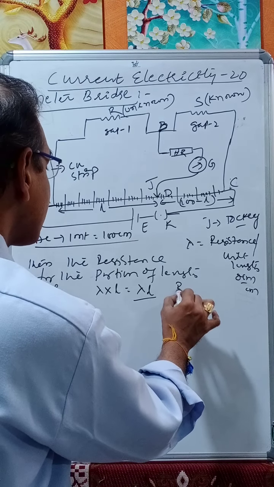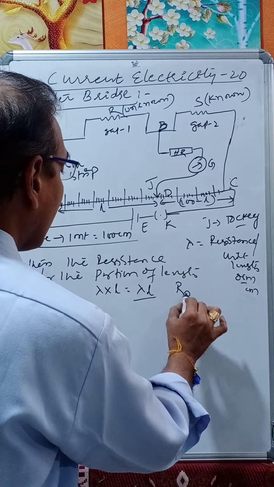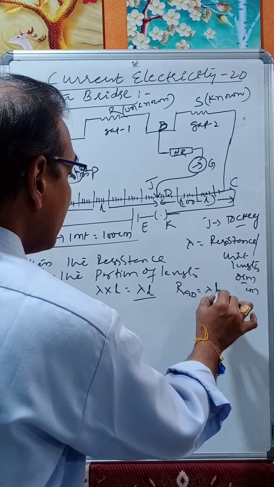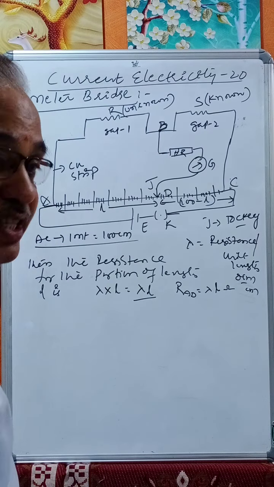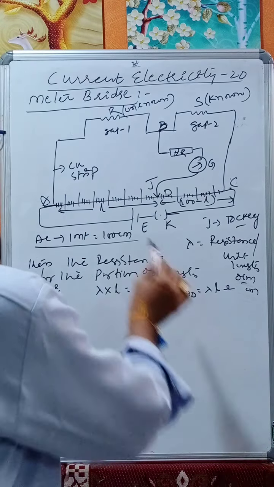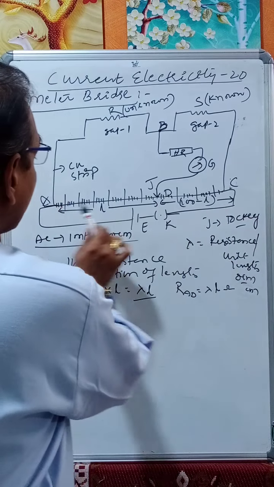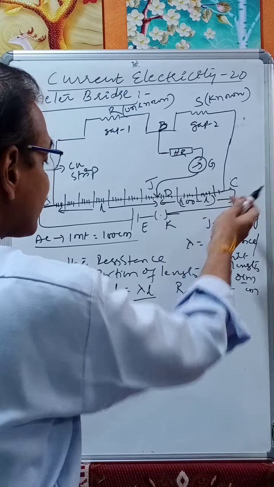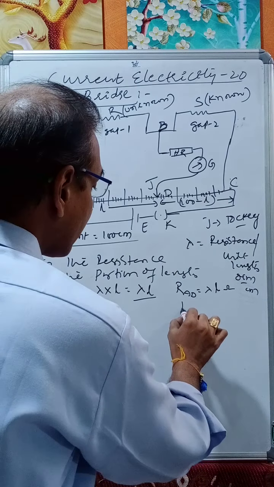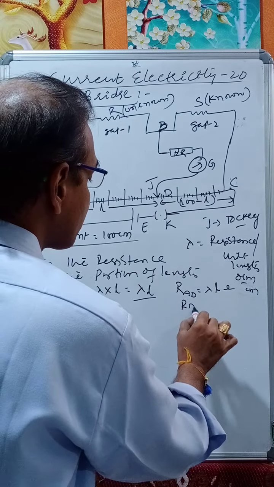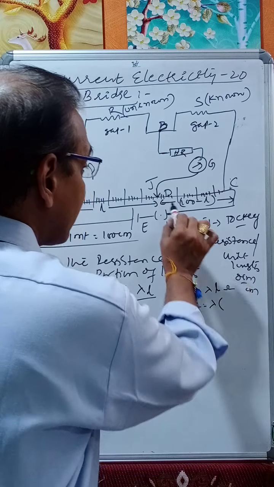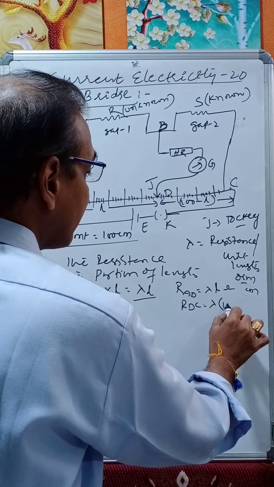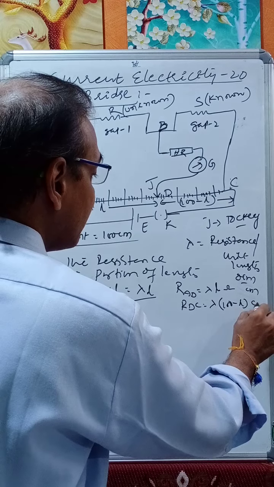Therefore, the resistance RAD is equal to lambda L ohms. This is the 1 meter wire, and as the length is L here, the remaining portion DC has length 100 minus L. So RDC is equal to lambda into 100 minus L ohms.